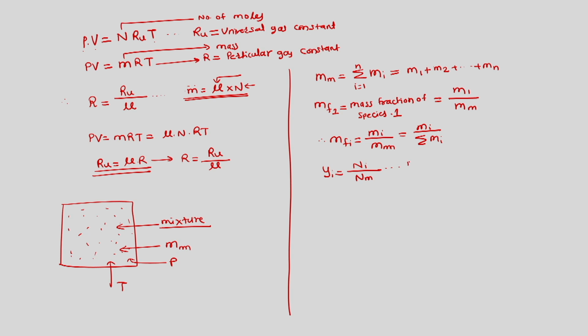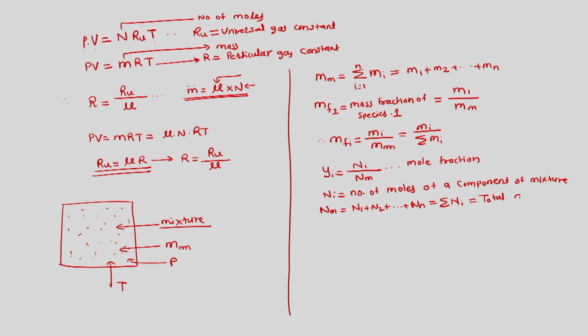This is called the mole fraction, where ni is the number of moles of a component of the mixture and Nm is equal to N1 plus N2 plus up to Nn, which is sigma Ni, that means the total number of moles of the mixture.